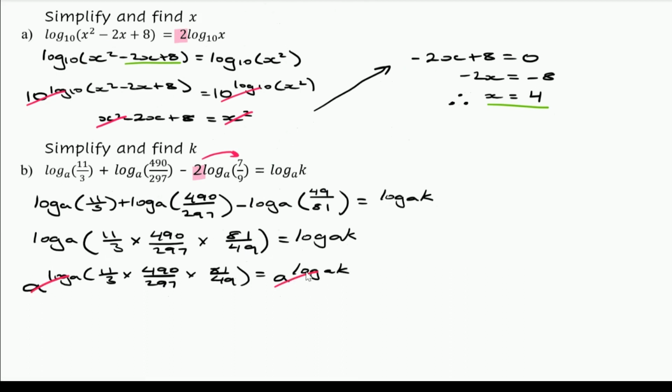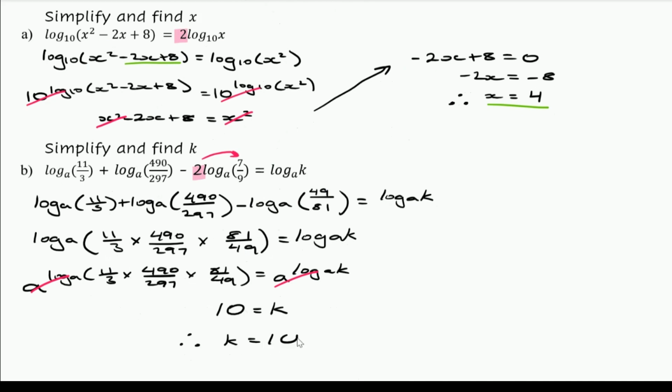Now we can cancel these out, and I'm just going to be left with this number yet again, which if I plug this into my calculator, you'll find is quite a nice number. So it's actually 10, and that's equal to k. So there we go, that's my final answer.